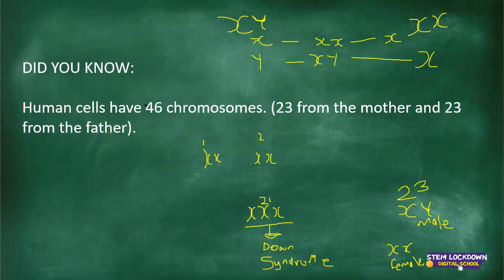Let's look at this. Human cells have 46, right? Meaning you yourself, in your cells, you have 46 chromosomes. Your mother has 46, your father has 46. Why is it that you still have 46? How is this 46 maintained?